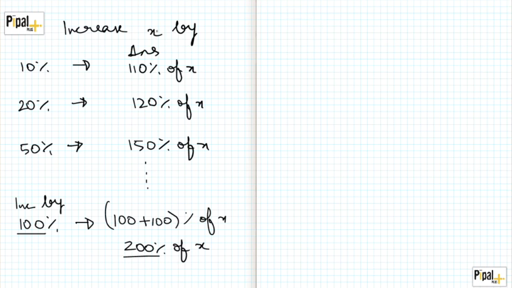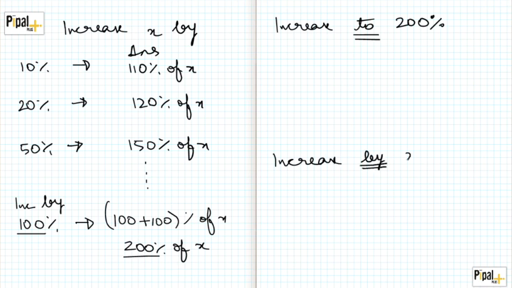Now let's look at another terminology which sometimes confuses. In case of an increase, increase by a certain percent, increase by 100%, or increase by 200%, what if I am told increase to 200%? Let's see what this means versus increase by 200%. Let's see what both of these mean.